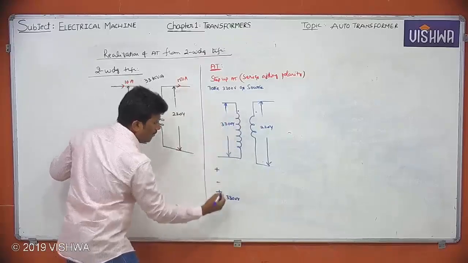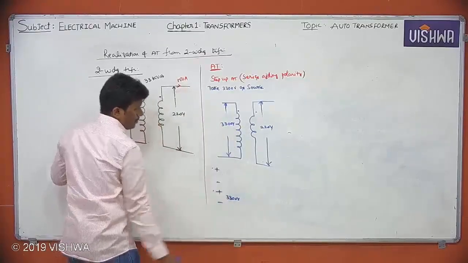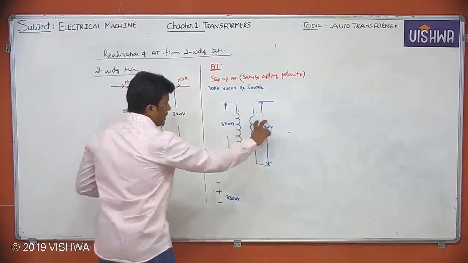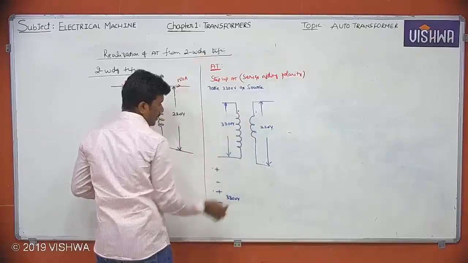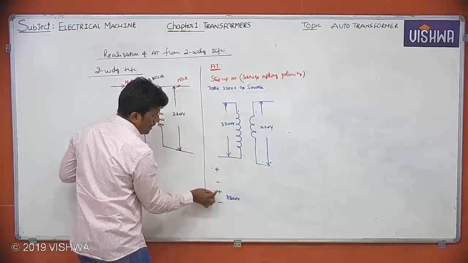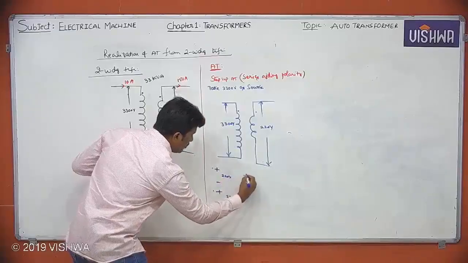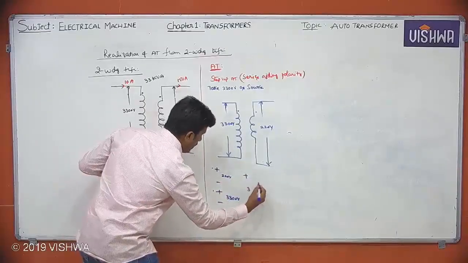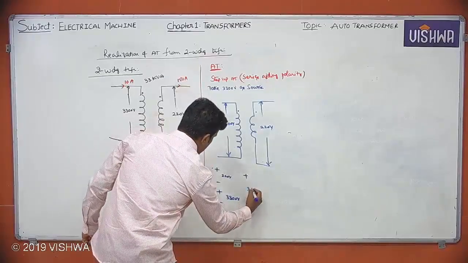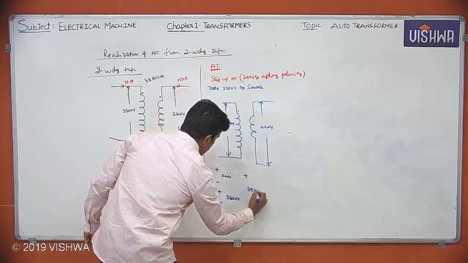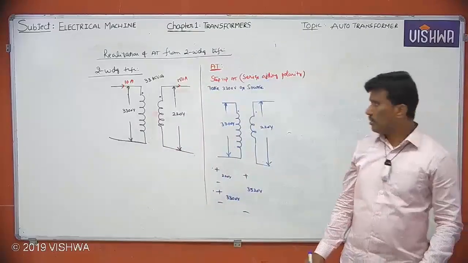Dot means plus in my example, so non-dot, minus, should be connected to dot, plus. Then you get output voltage 3300 plus 220, that is 3520 volts.